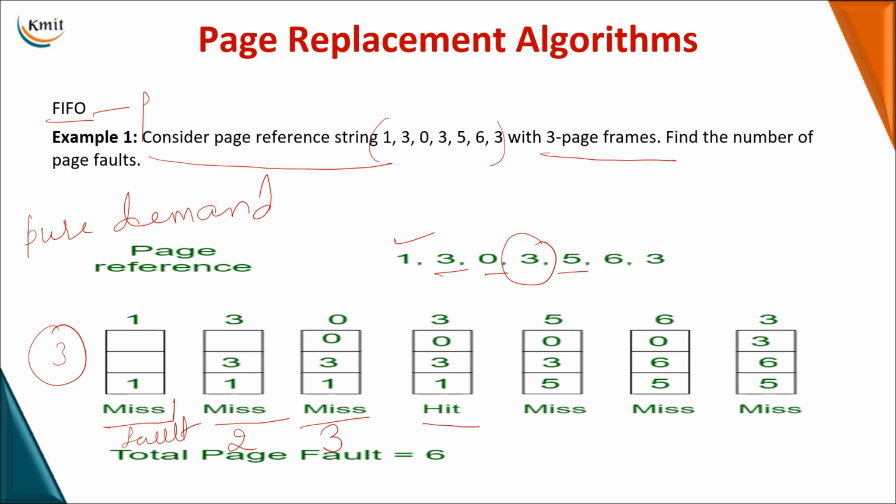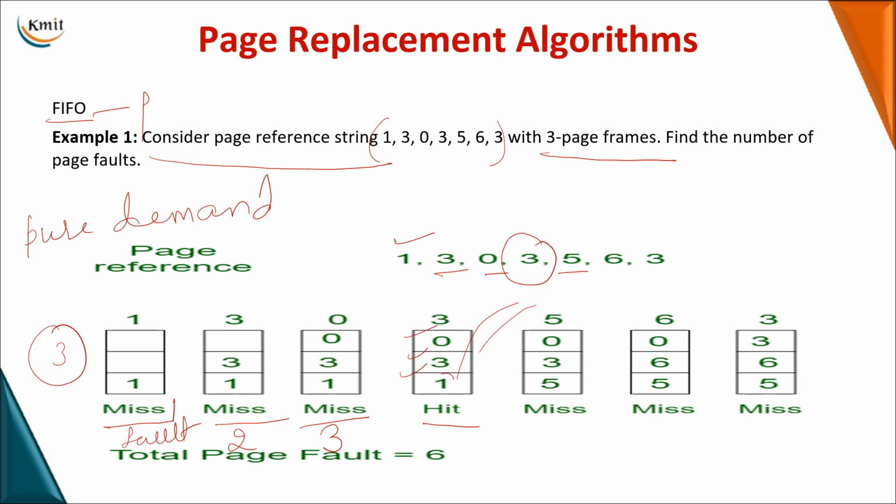And now coming to 5. 5 is not already there. What are the frames that are available? 1, 3, 0. Since 5 is not available and you don't have any empty location here, you have to select one of the pages, move it into secondary memory, and then bring in the new page. Among 1, 3, 0, which one do I select according to first in?